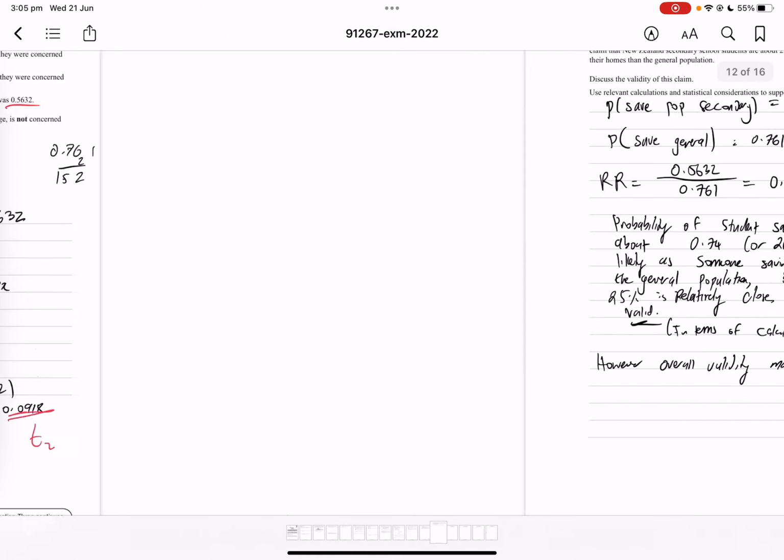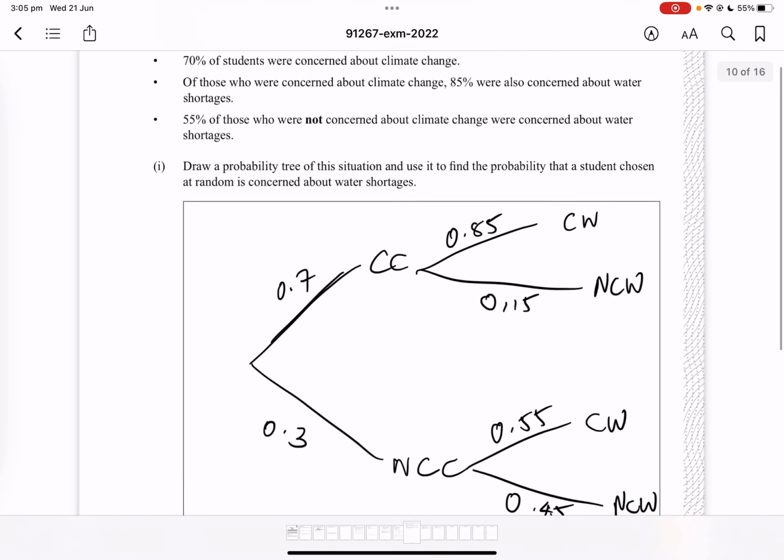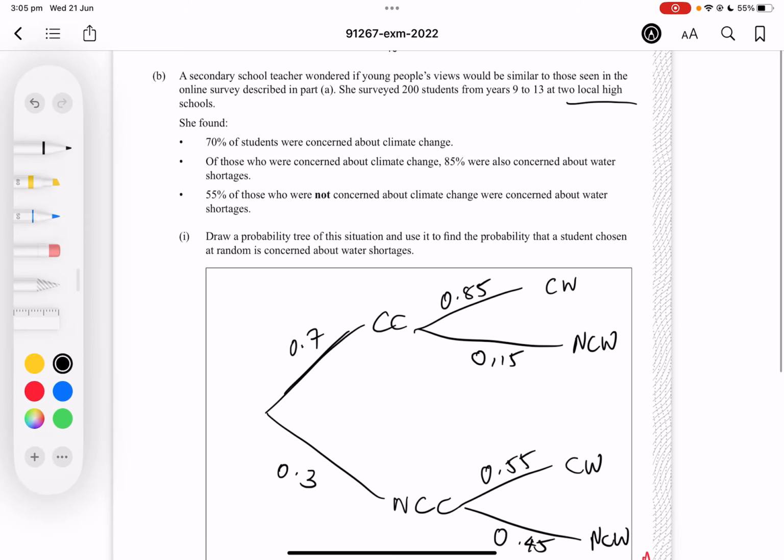For example, if you refer back to our survey methodology, we're looking at 2 local high schools, and 2 local high schools might not be representative of all students in New Zealand. Unlikely to be representative, as there could be area dependent factors that could affect their water usage. So that's a pretty big issue on the survey methodology.